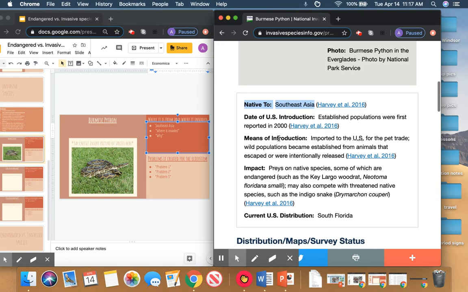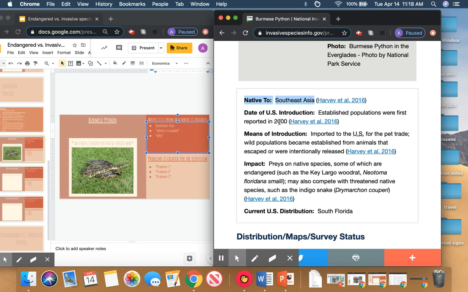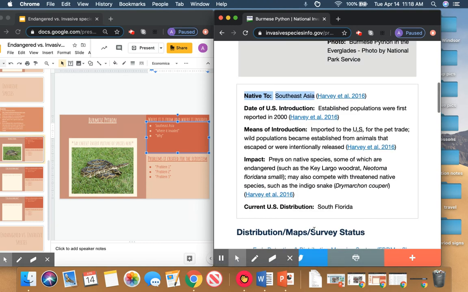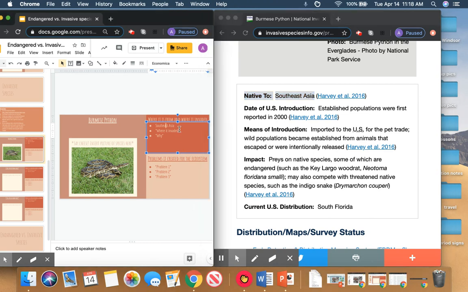It says it was first introduced in 2000, and it was introduced into Florida. Current US distribution is South Florida. If I wanted to look at different websites, I could look at maps, but this tells me already that it's in Florida. So I can just write that here. And I'm even going to write it was introduced in the year 2000.